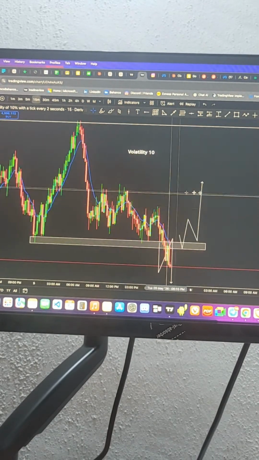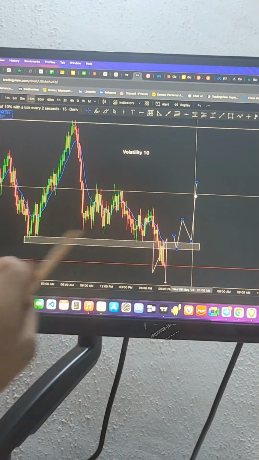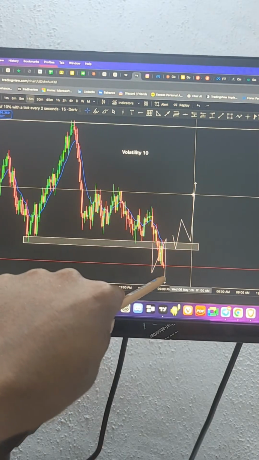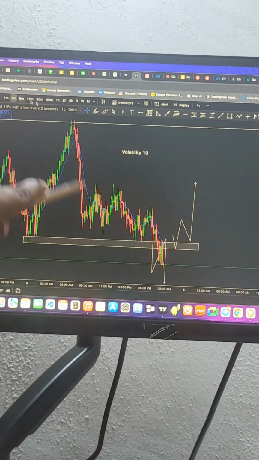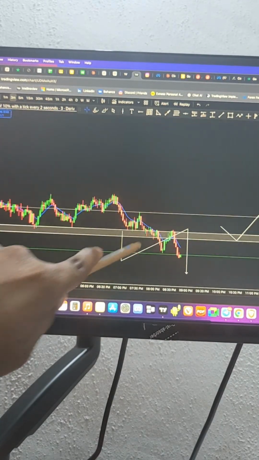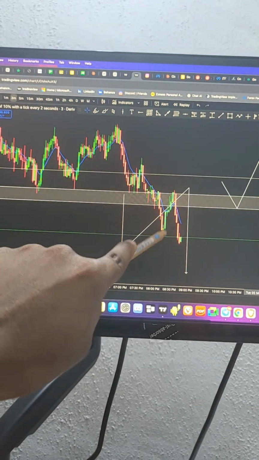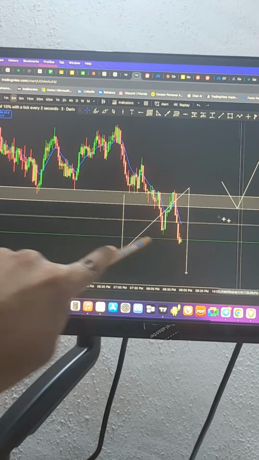Alright, so on volatility 10 index, I was expecting price to break below this resistance zone, and price has just done that. So the pullback initiated, and I'm looking for how to get involved in this trade now. So you can see that when price broke that zone, price did a pullback, and we are seeing this movement now.